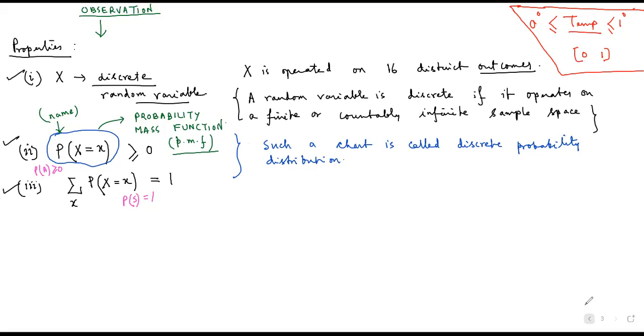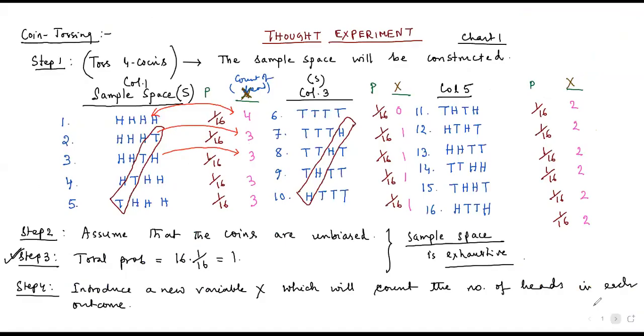So this is one side of the story. The second part of the story is something else. Whenever we have a discrete random variable, how many steps did we do? Step number 4.